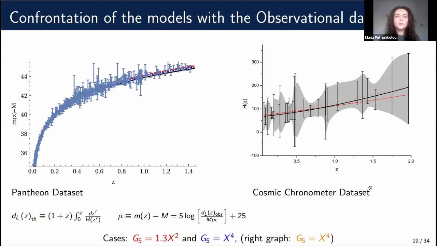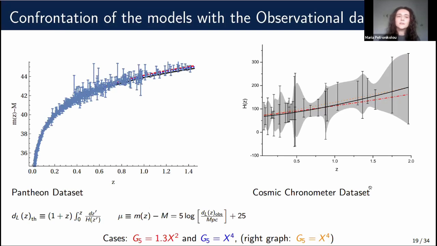Finally, in order to complete our analysis, we confronted our models with observational data. On the left, you can see a plot of the distance modulus as a function of the redshift with the Pantheon dataset and the lines corresponding to the first model we studied and the second one. And with a black line, you can see the ΛCDM model.